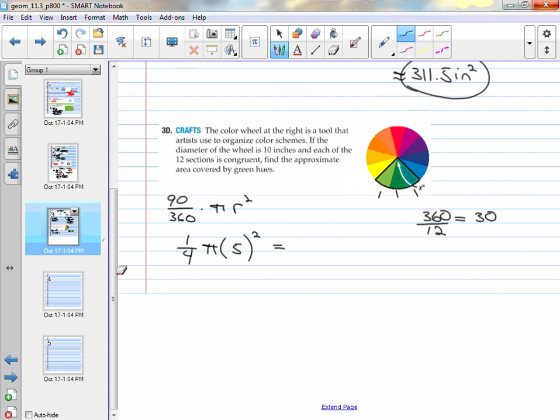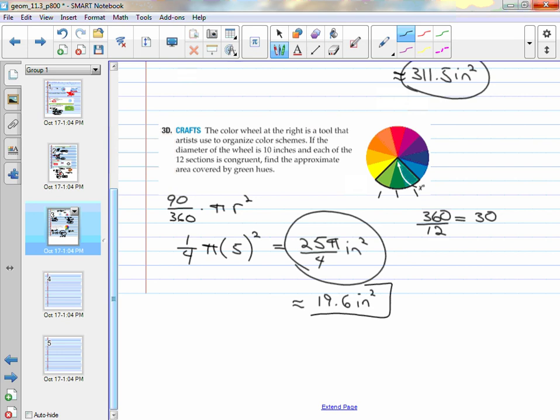No. 25 pi over what? Over 4. And it happened to be in inches squared. That's the exact value when they asked for it. What's the approximate value? Use your calculator. 19.6 inches squared. Again, be able to do exact values.